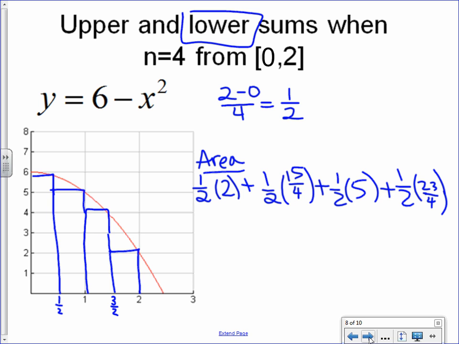419/48. Reduce that. Wait, 419/48 is not what I got. I get this. Okay.